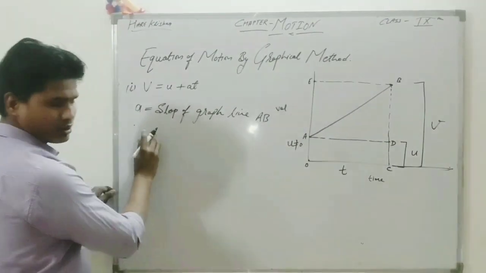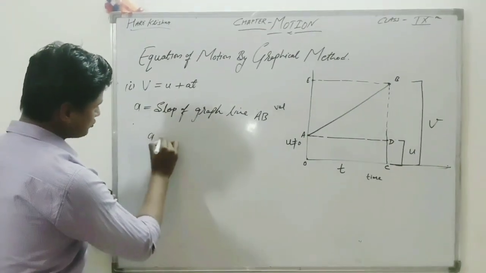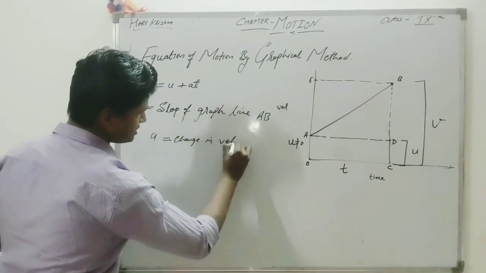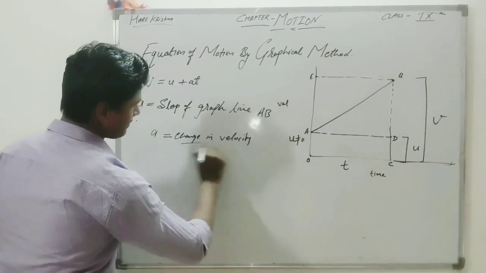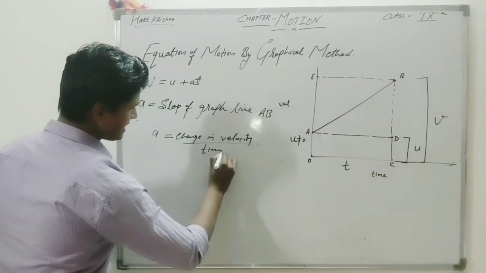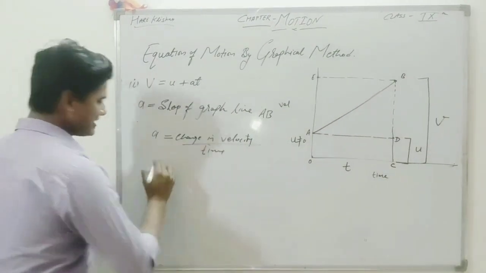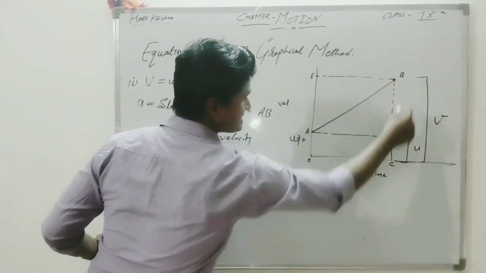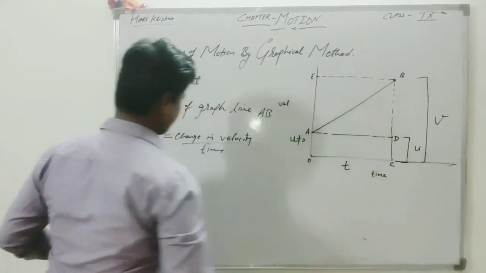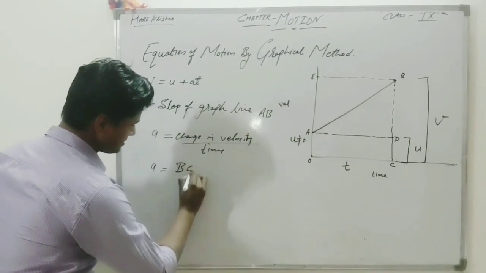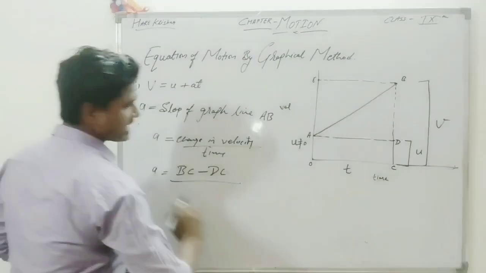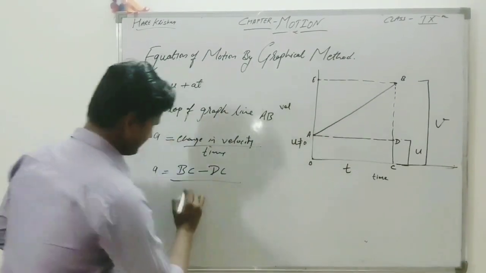We know from the formula of acceleration that acceleration is equal to change in velocity upon time. From the graph we can say change in velocity means BC minus DC, upon time, which here is AD.